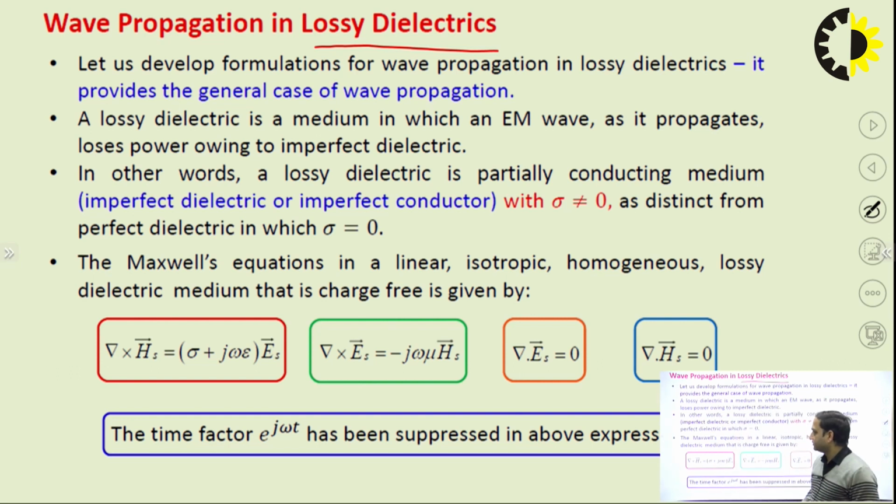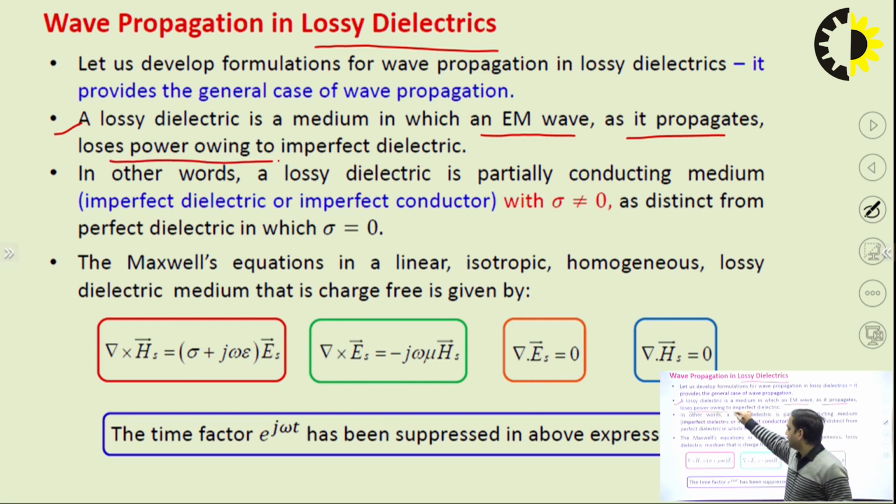In the lossy dielectric case, it is a medium in which the EM wave loses power as it propagates, owing to an imperfect dielectric. So, this lossy case is not a perfect dielectric or a perfect conductor case. So, this is in between. Okay. So, when we have this type of medium, losses of power will occur regularly.